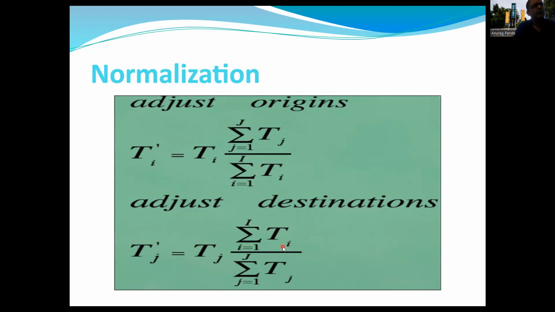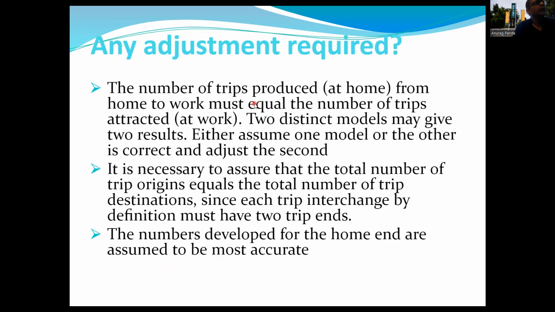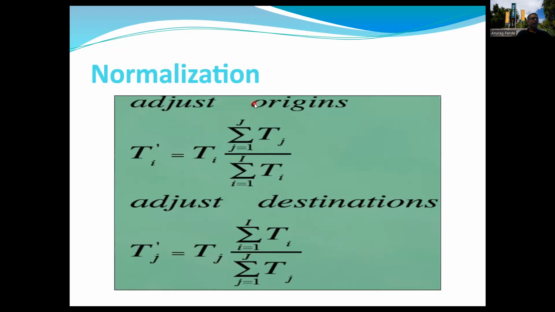We'll estimate our T_i numbers, T1 plus T2, and then this is T1 destination plus T2 destination, and then this is the individual T_j, and based on that, we'll adjust the T_j prime. So we will adjust the numbers that are coming out of this model for the two equations, and you should be able to do that.